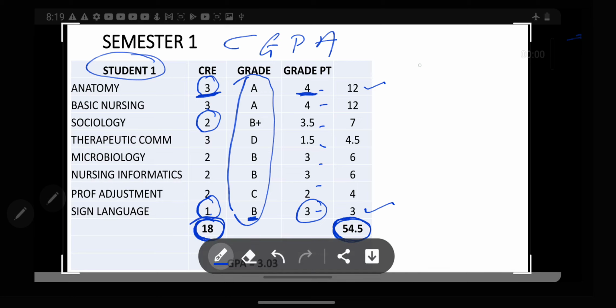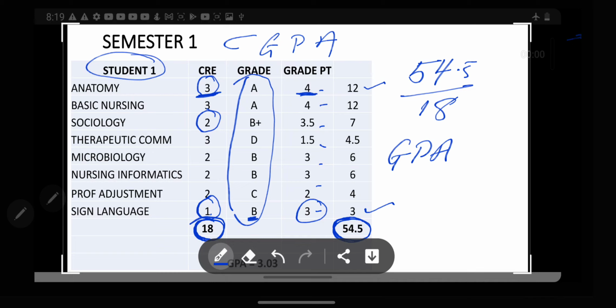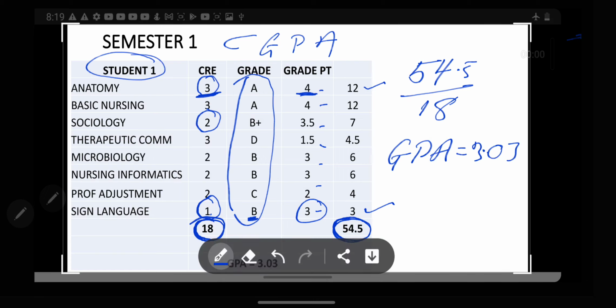So 54.5 over 18 is what gives you your GPA, not Cgpa. This one is GPA. And in this case, we got 3.03. That is the GPA for the first semester.